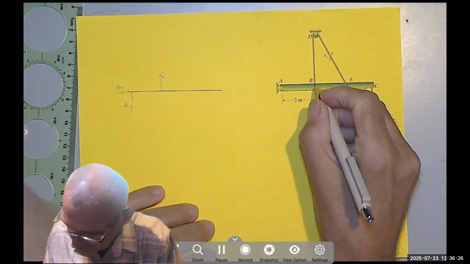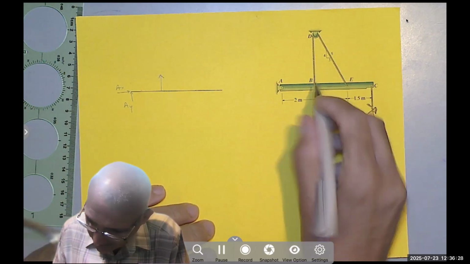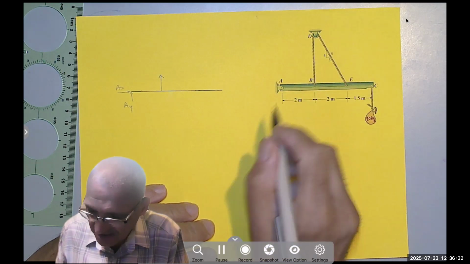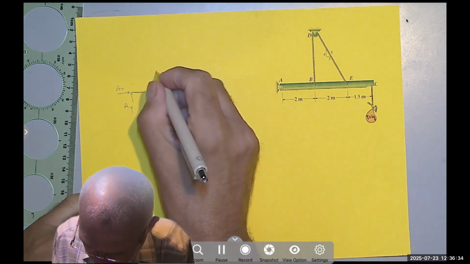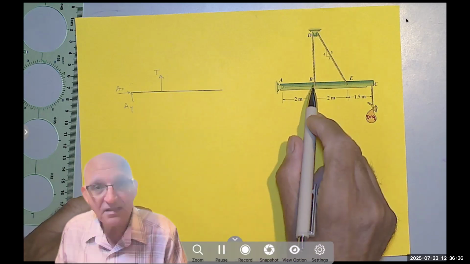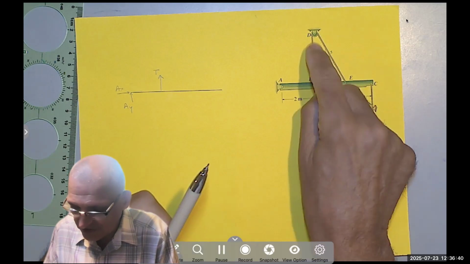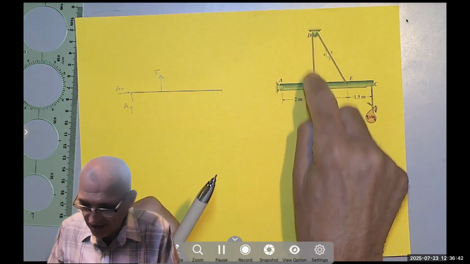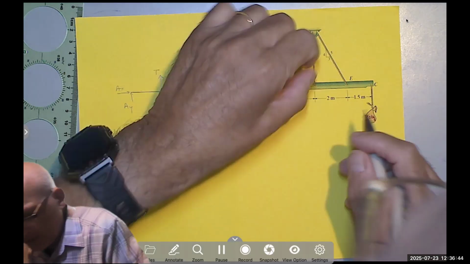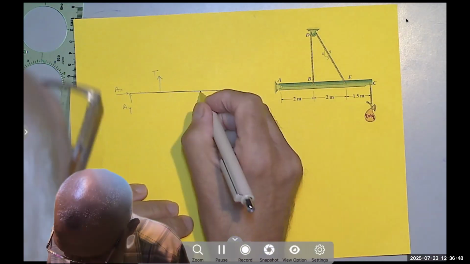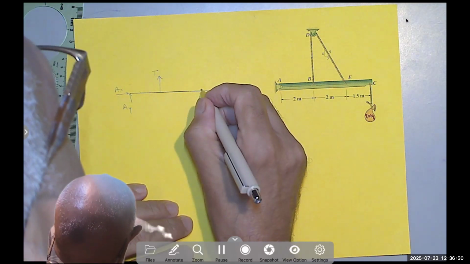So you see a force that is keeping the beam from falling down, and the other tension is pulling back. It's the opposite, right? And also at E, there is the same tension.